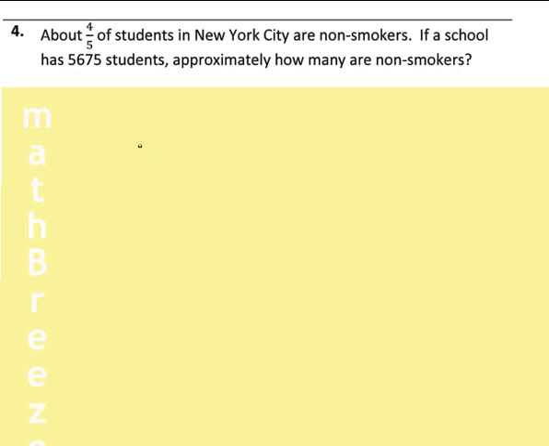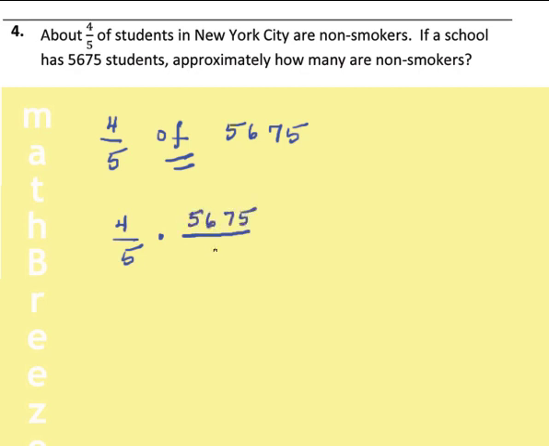So we're going to take 4/5. We're going to multiply again. 4/5 of 5,675. So a fraction of a number, we think of multiplication. We're doing 4/5 multiplied by 5,675 over 1.